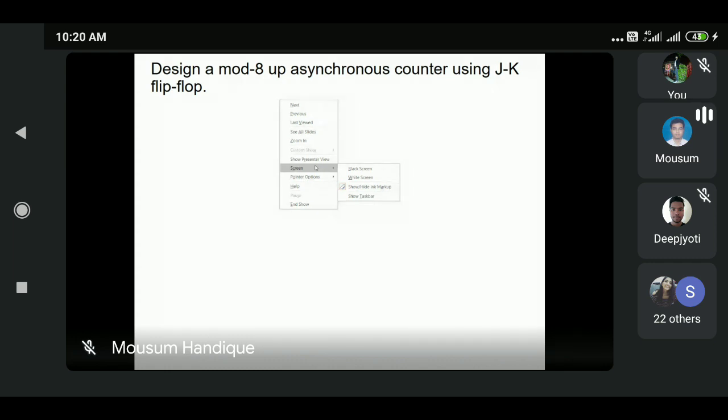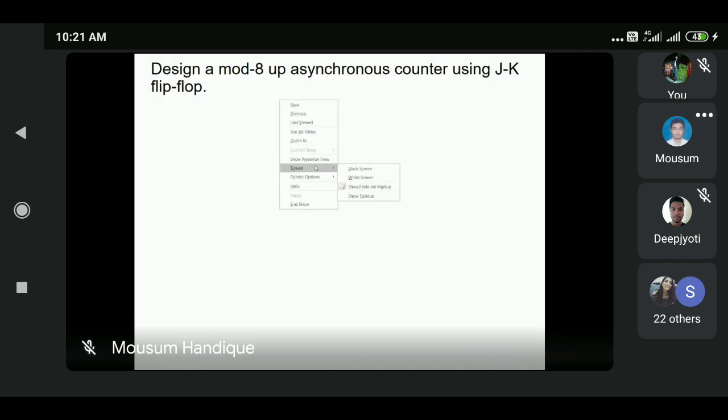So same question, if we are using the down counter. Suppose you write one particular question.